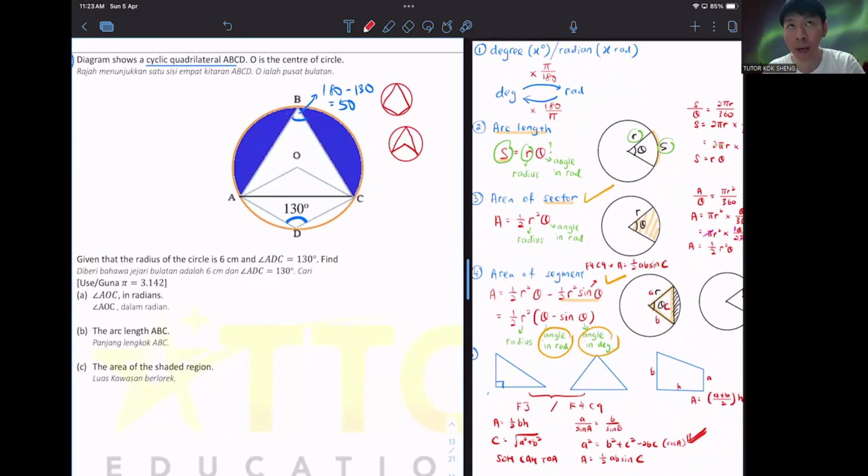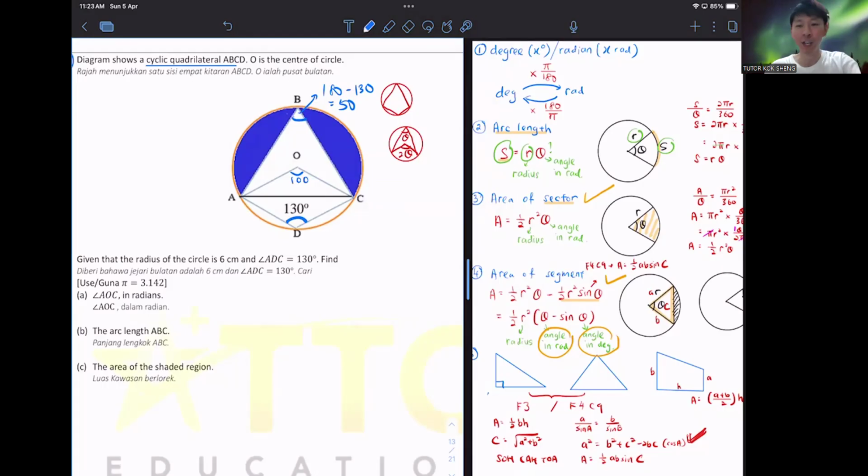So for the rocket, the characteristic is two times. This angle and this angle: if this is theta, the angle at the center is two times. Not sure you remember or not from form 3 circles. So after you find the 50 here, you should be able to find the next one: 100.